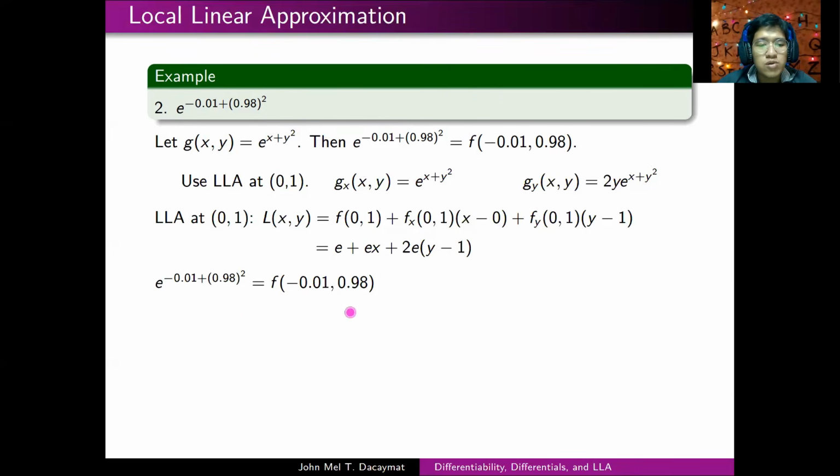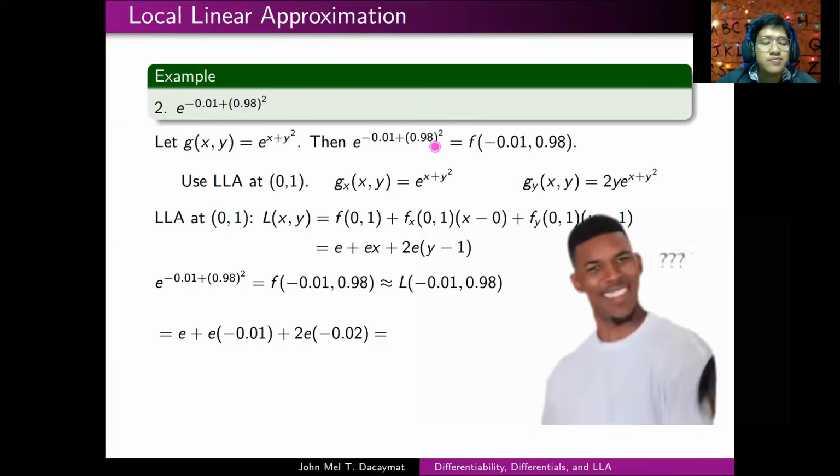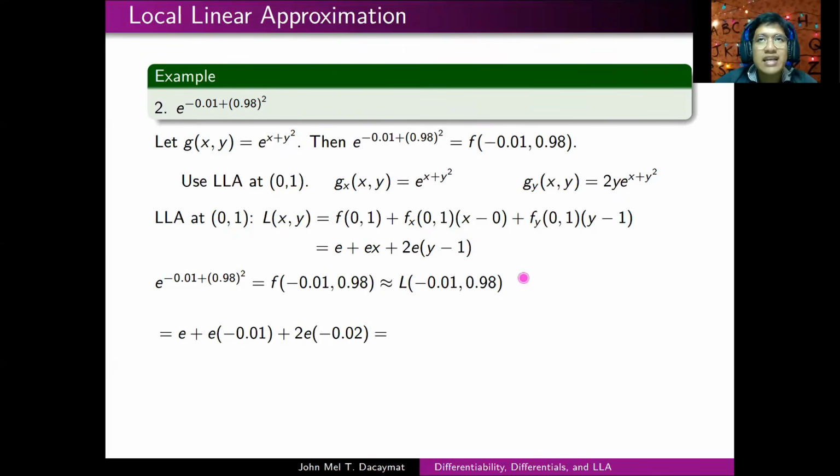Therefore, the value I'm looking for is approximately the LLA at negative 0.01, 0.98, which is LLA ng 0.1, no? Value ng LLA at 0.1 at the point negative 0.01, 0.98.